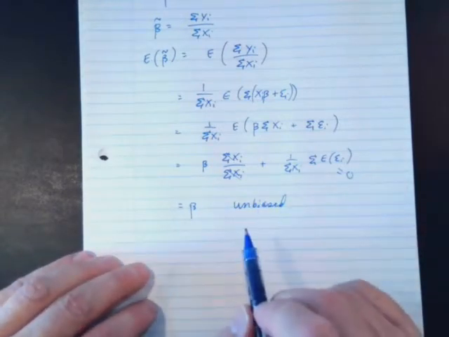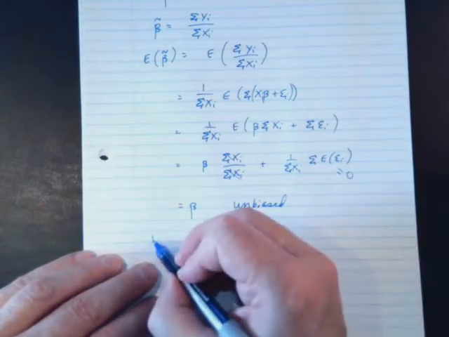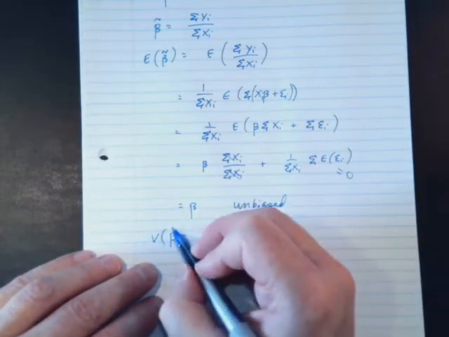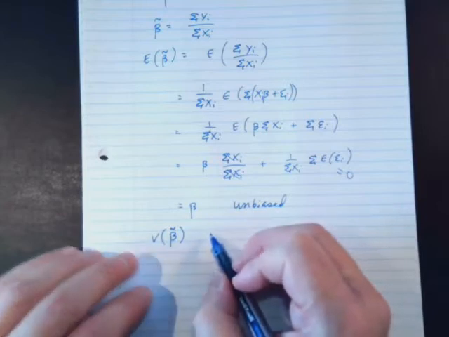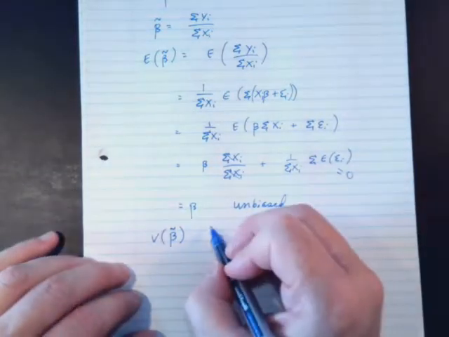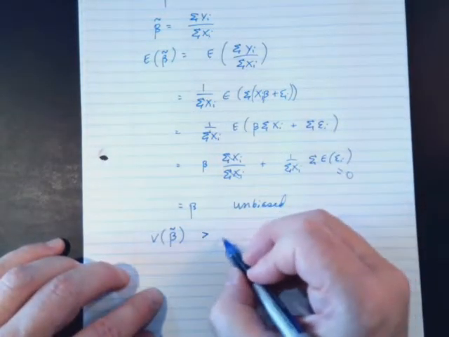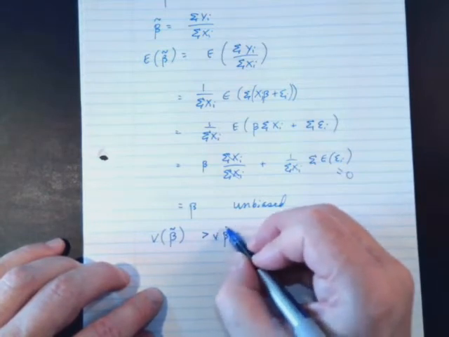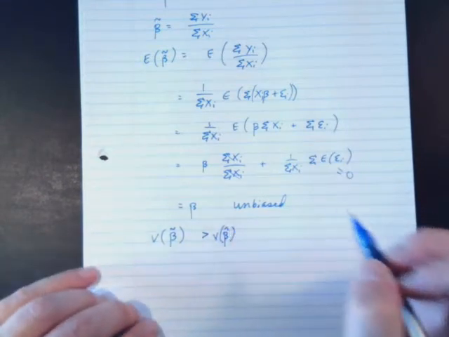It turns out, though, that the variance of beta tilde, if we were to calculate it, and I'm not going to do that, is greater than the variance of beta hat.